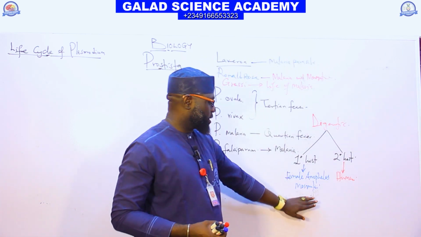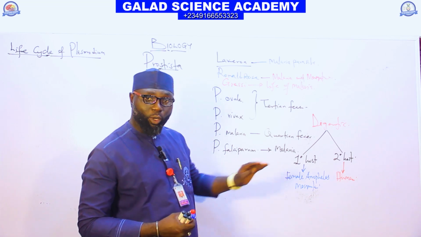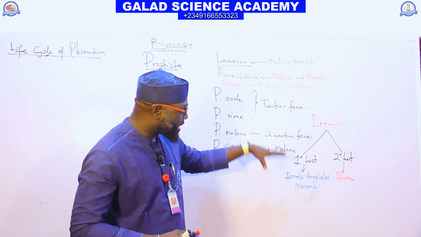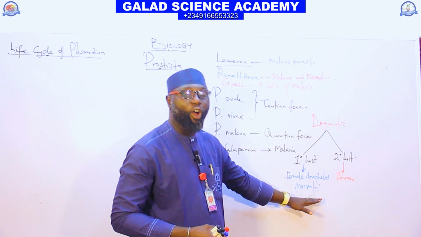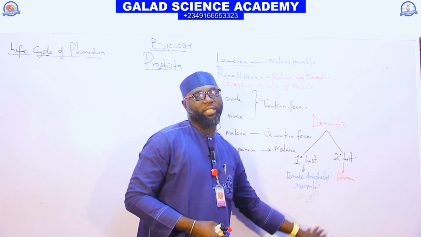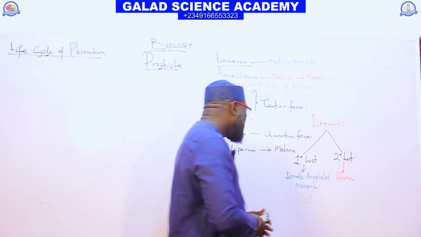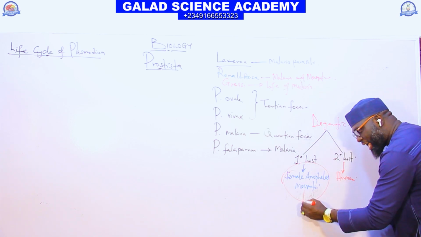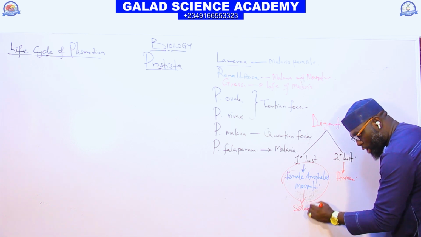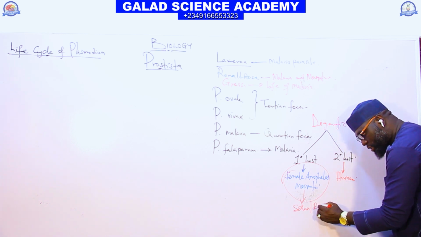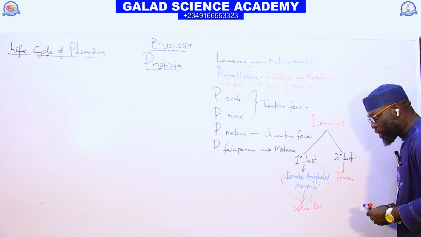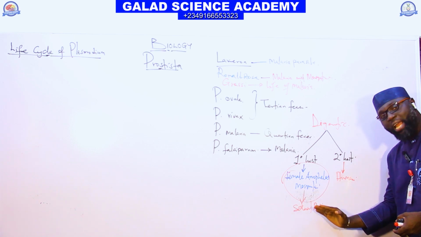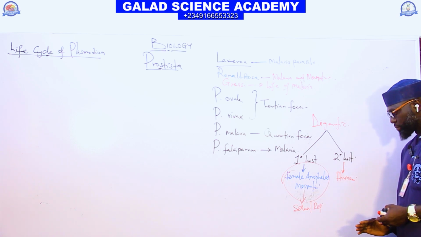The primary host of a pathogen is the host or place where the sexual reproduction of the pathogen or parasite takes place. So in this female Anopheles mosquito, the sexual reproduction of the Plasmodium parasite takes place.